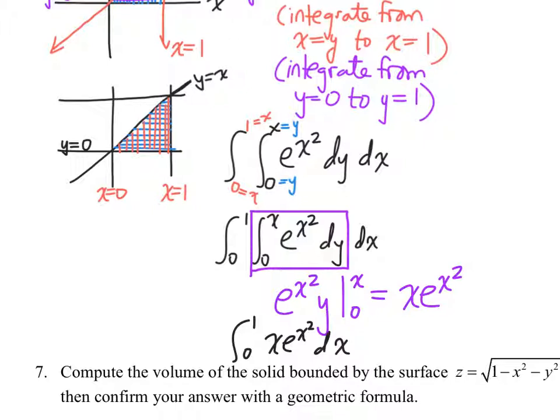Now you can go to the calculator for this, but this actually also happens to be something that you could do by hand, because this is simple U substitution. We know that the antiderivative of e to the x is e to the x, since the derivative of e to the x is e to the x.